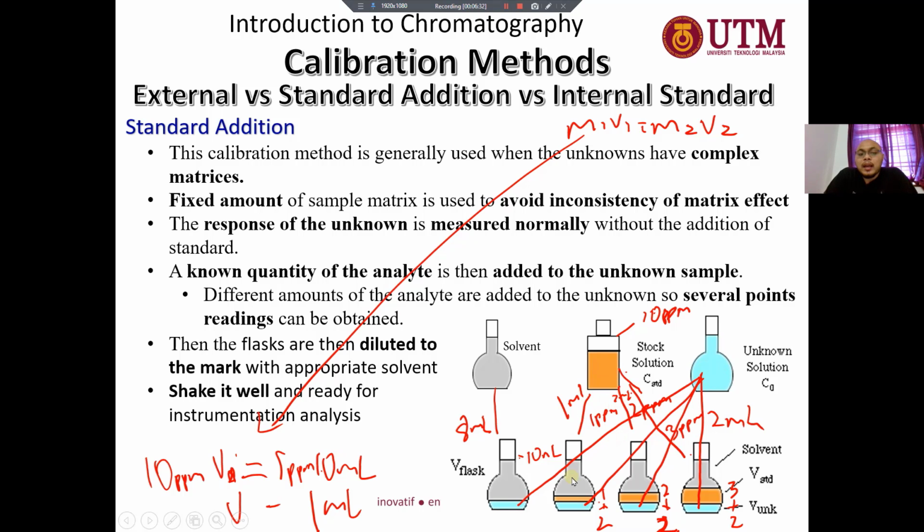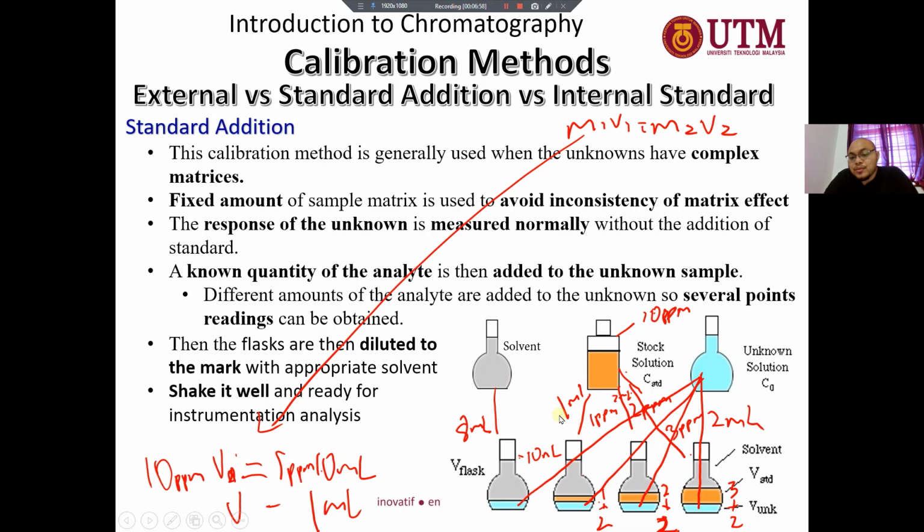So after you have added the known quantity of analyte, and different amounts of the analyte are added, several points of reading can be obtained. Then the flasks are diluted to the mark. So you just need to add the solvent to the mark. In this example, in the first calibrator, you already have 2 plus 1, so you need to add 7 mL of the solvent.